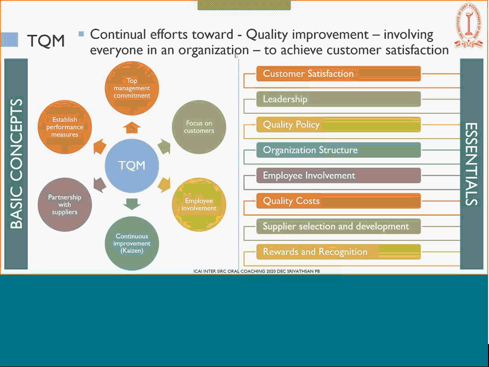So in the whole company, HR, finance, marketing, everyone will be involved for customer satisfaction. Customer is at the center. You have to achieve customer satisfaction. It is a continual, constant effort towards quality improvement, not a one-time effort. 98% quality to 99% quality, higher. 99.1, 99.2, 99.3, 99.99, 99.999.